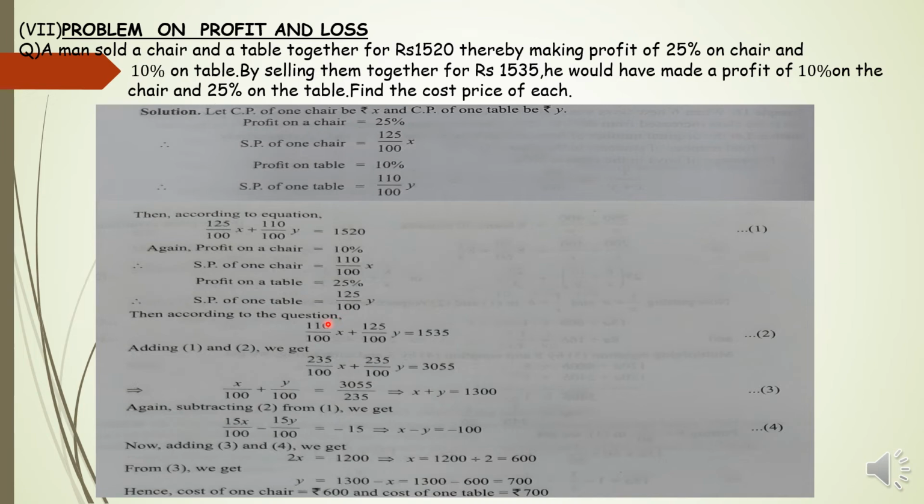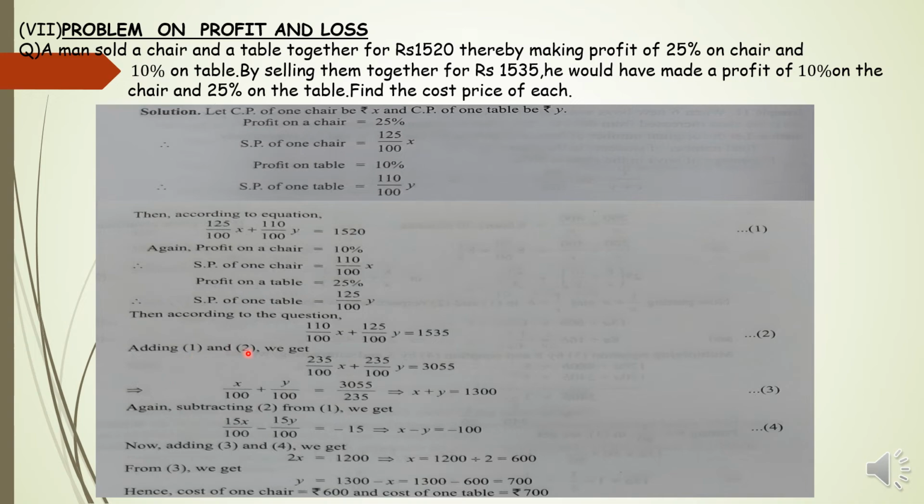Then according to the question, by selling them together for rupees 1535, we would have made a profit of 10% on the chair and 25% on the table. So on framing the equation, we will get 110 by 100x plus 125 by 100y equal to 1535. Equation number 2.